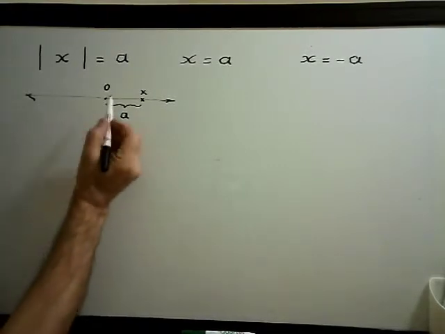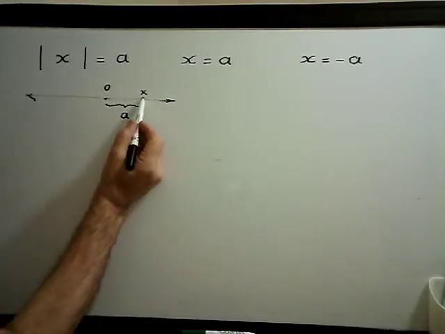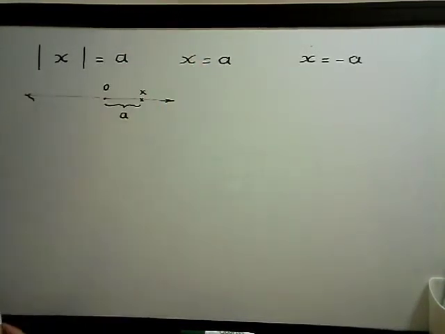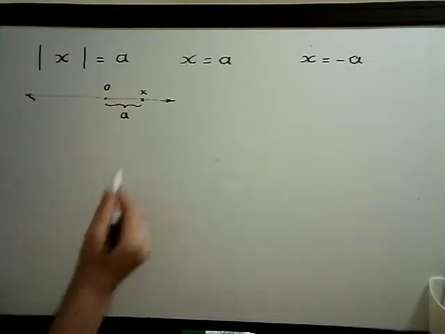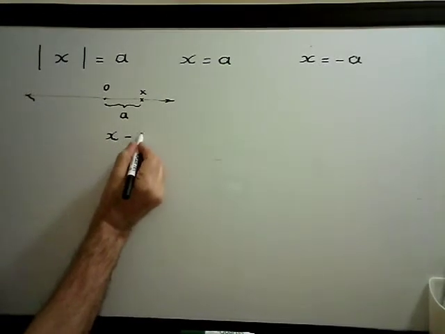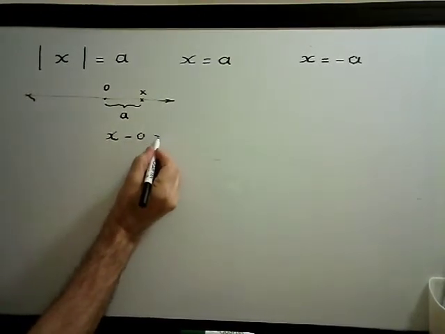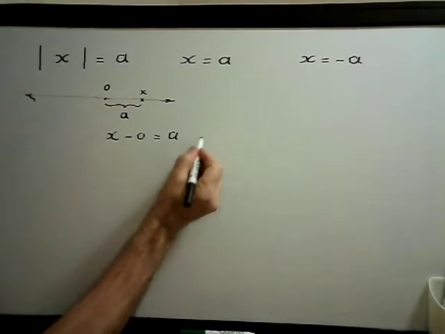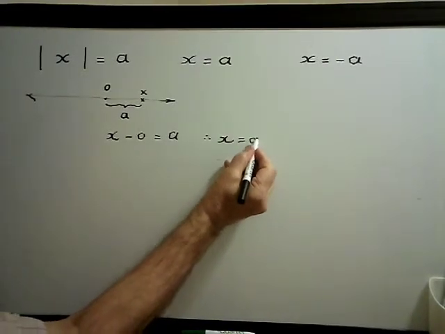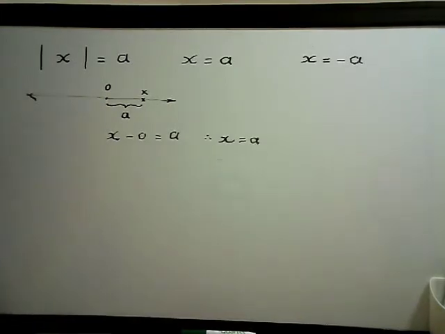When we see the distance between 0 and x is a, that means x is equal a, because x minus 0, the distance, is a. So x is a. This is the first situation.